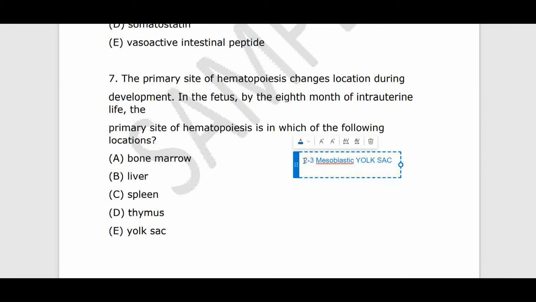So 3 to 6 months, that is the hepatic phase. But it's not just the liver. You actually have the liver and the spleen as sites of production of blood cells, red blood cells, hemopoiesis. From 6 months to birth, and of course onwards, you have the myeloid phase.